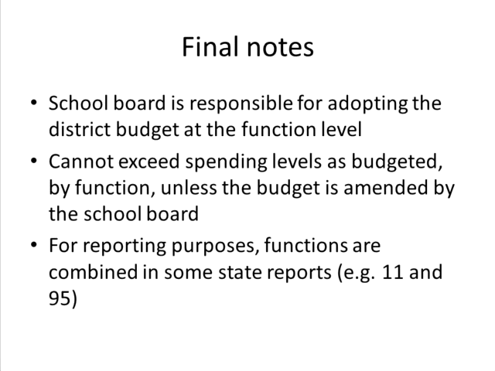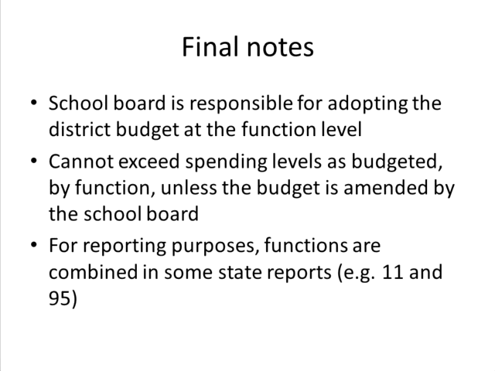And then once that budget is adopted, the administration cannot exceed the spending levels that are budgeted by function unless that budget is amended by the school board. That's the law. So that's where, once the board has adopted the budget at the functional level, it's the superintendent and the administration's responsibility to not overspend in any of those categories.